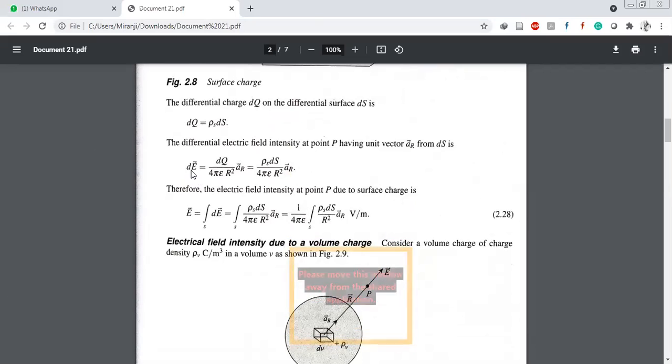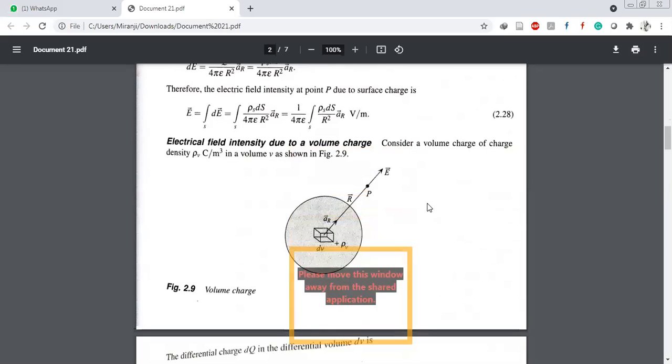According to Coulomb's law, dE equal to rho s ds by 4 pi epsilon r square along the direction of r. Therefore, the electric field intensity at point P due to the surface charge is obtained by integrating on both sides: E equal to the surface integral of rho s ds by 4 pi epsilon r square along r direction, that is, 1 by 4 pi epsilon integral rho s ds by r square, in volt per meter. This is for surface charge density.